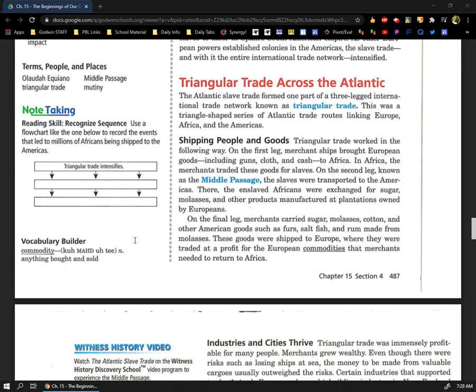There, the enslaved Africans were exchanged for sugar, molasses, and other products manufactured at plantations owned by Europeans. On the final leg, merchants carried sugar, molasses, cotton, and other American goods such as furs, salt fish, and rum made from molasses. These goods were shipped to Europe, where they were traded at a profit for the European commodities that merchants needed to return to Africa.